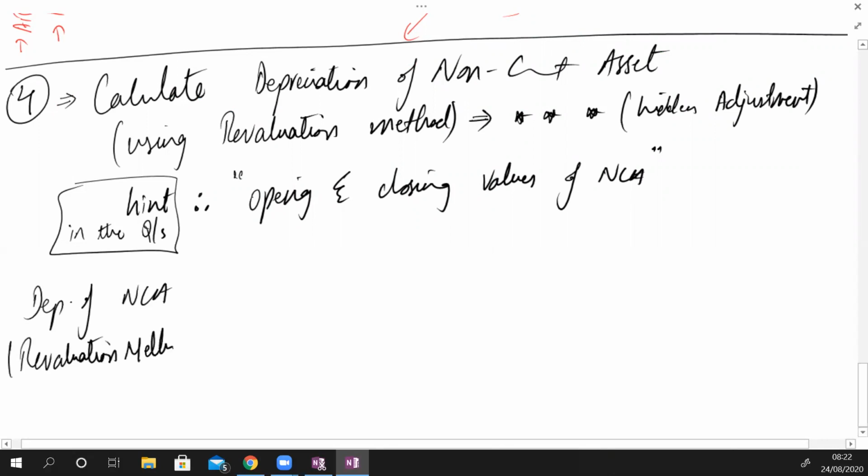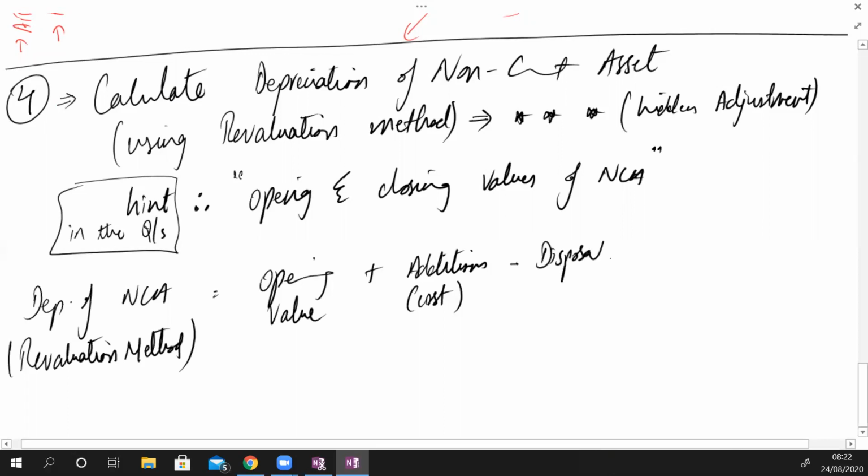Revaluation method, which is opening value plus additions, meaning any new asset being bought this year, addition at cost, minus disposal at net book value, minus depreciation charge for the year, is equal to closing value.